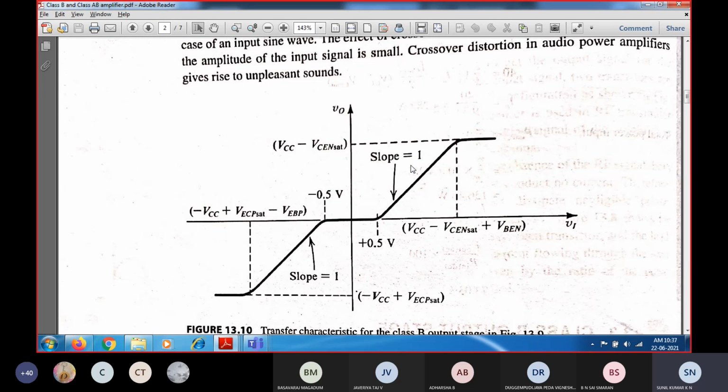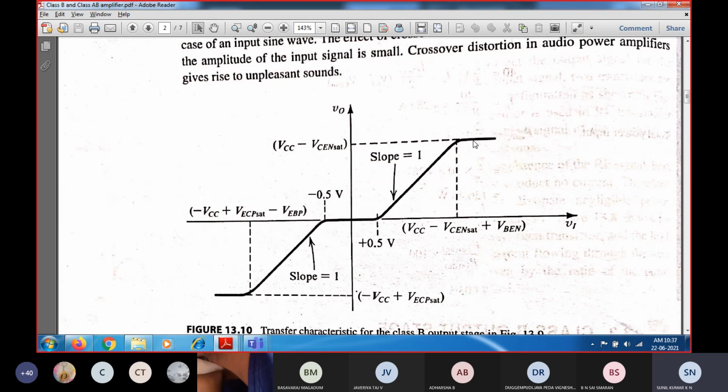The slope equal to 1 indicates what? It is an emitter follower configuration, so the output is going to follow the input. If you plot the output with respect to input, the slope will be equal to 1, and you can see the increase in the output voltage with respect to input. If you increase the input voltage still further, the output voltage will get saturated because the transistor is entering into saturation.